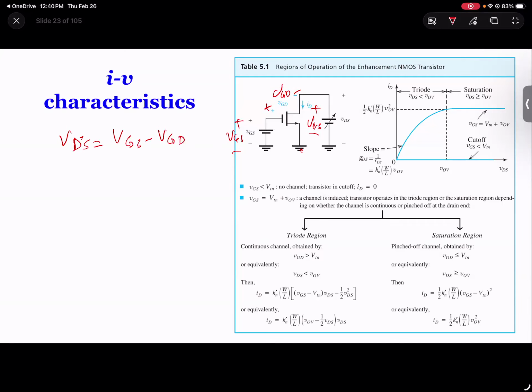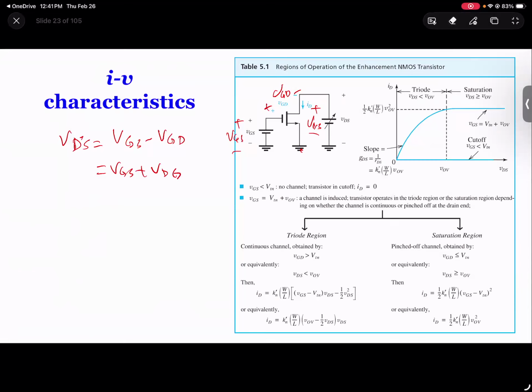Or in that sense, if you flip that to VDG, it is VGS plus VDG, right? Because that voltage on this side or this side, they're the same from top to ground. Okay, we can probably just forget about that, and then we can just go on to discuss it.